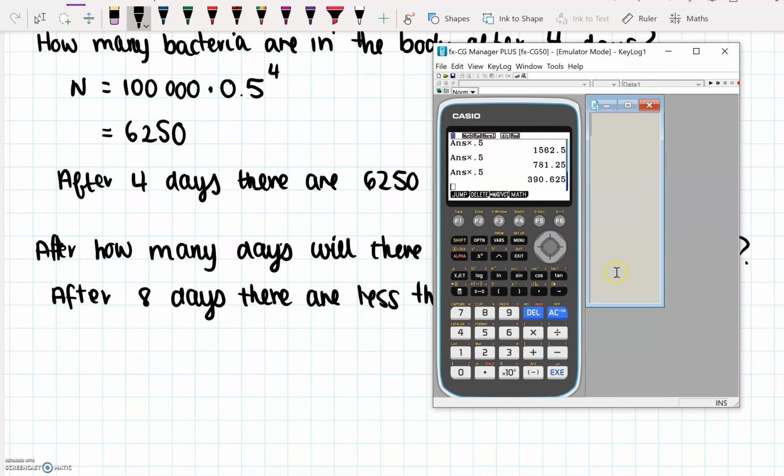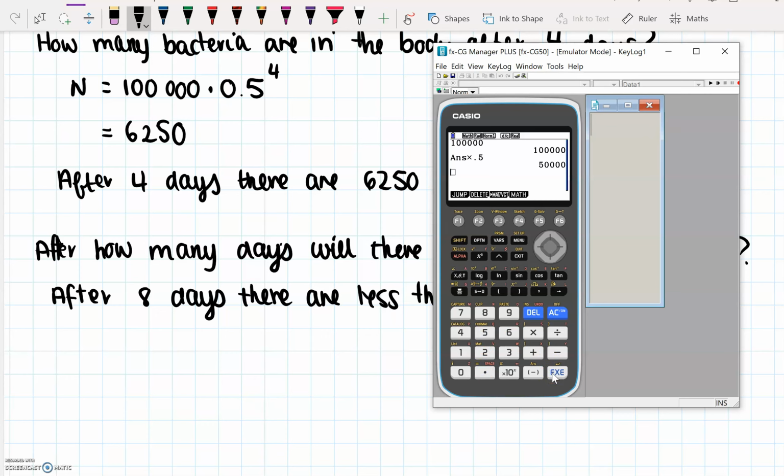So this is how they want you to do this. You just go on your calculator. I'll do that again just to make sure you guys can see it. So we'll start again. Delete all. Type in your initial amount, so 100,000. Press equals. Multiply it by your growth factor, so 0.5 in this case, and press equals, and that's 1 day.